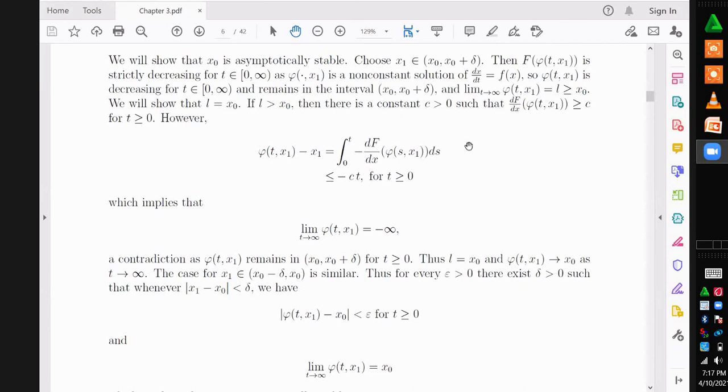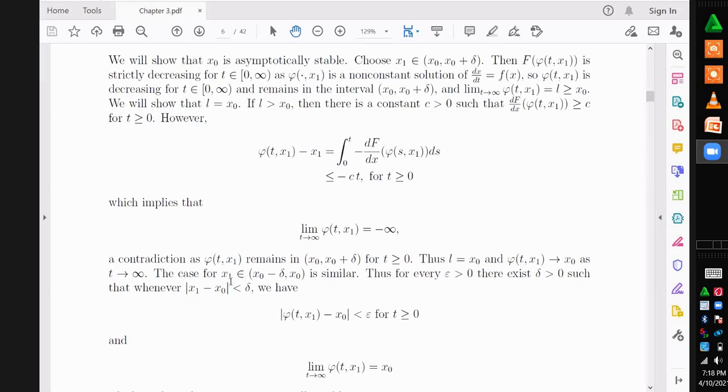So using this, you can see this is less than or equal to minus Ct for t greater than or equal to 0. This is a contradiction, as phi(t, x1) remains in the interval (x naught, x naught plus delta). So this is not true. So L is equal to x naught.